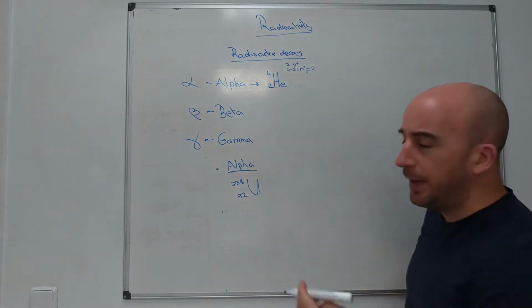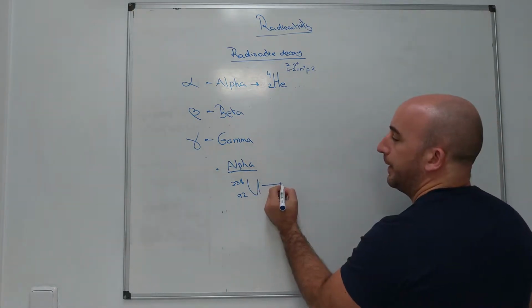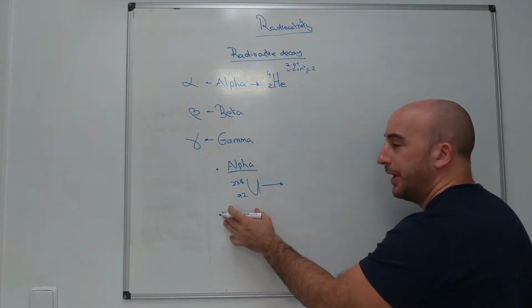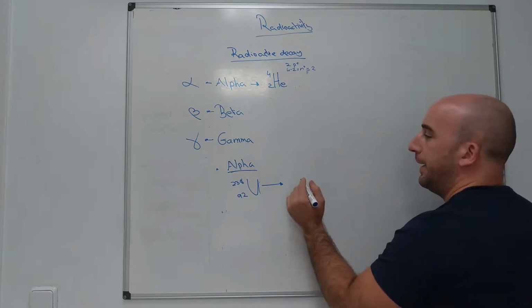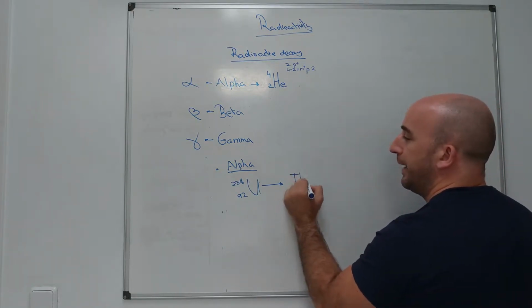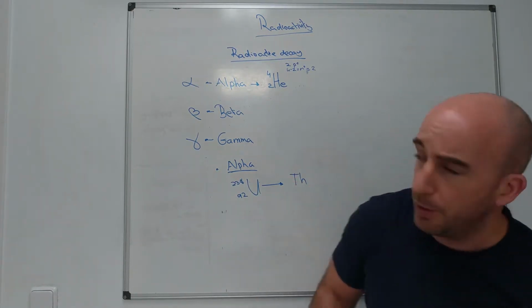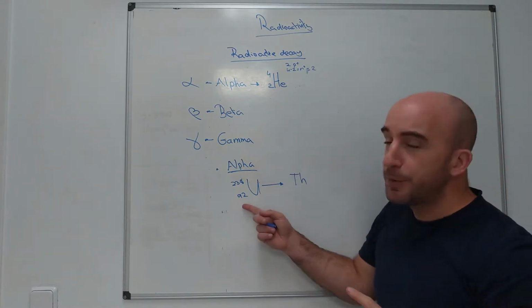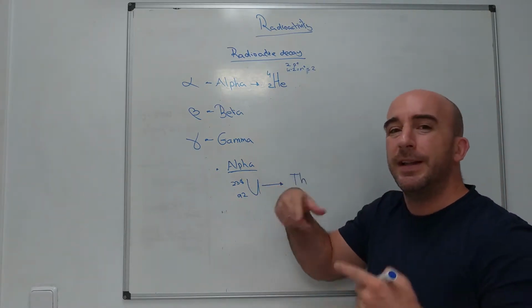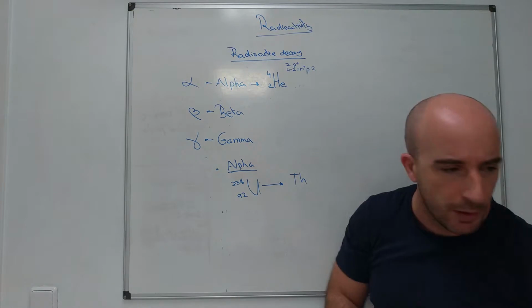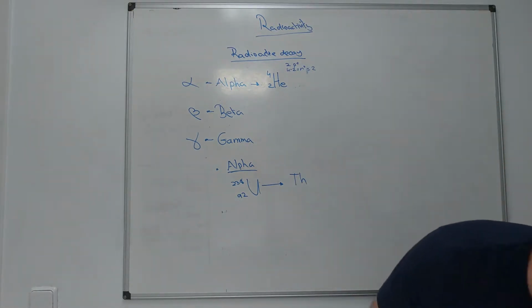What's going to happen now is it doesn't stay like this, it's unstable, so it will lose an alpha particle and it will become another element because it is going to lose protons. As it loses protons from its nucleus, it is not the same element, it will become another one, which is basically thorium.